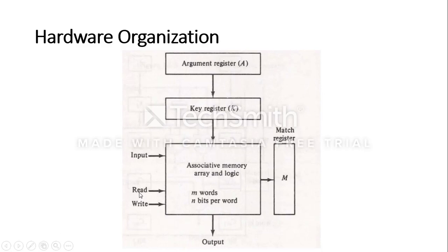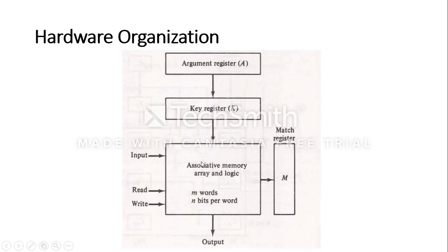Similarly, when the read operation is selected for this memory, then based on the specified search string, the control will read the required information, and that data will be placed on the n-bit output line. Remember that here the width of the input and output lines are n bits.